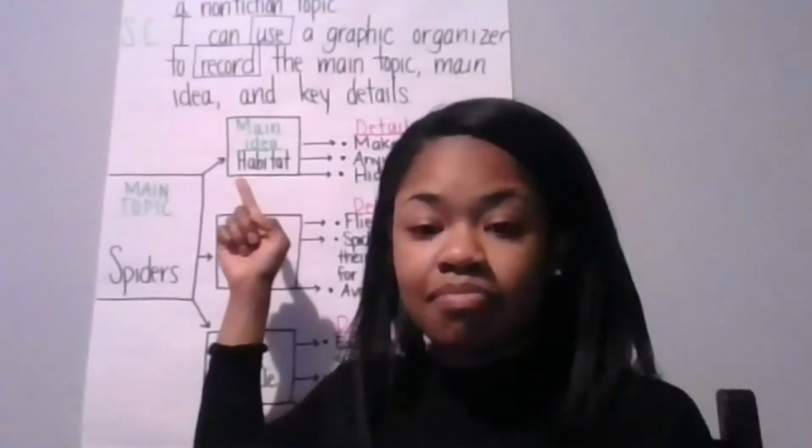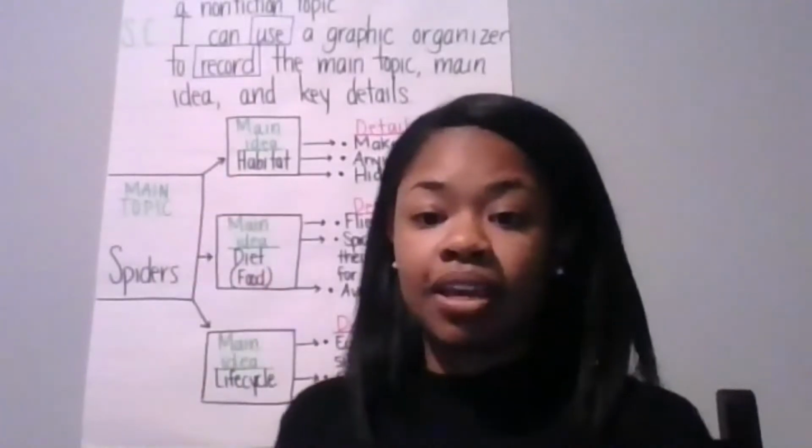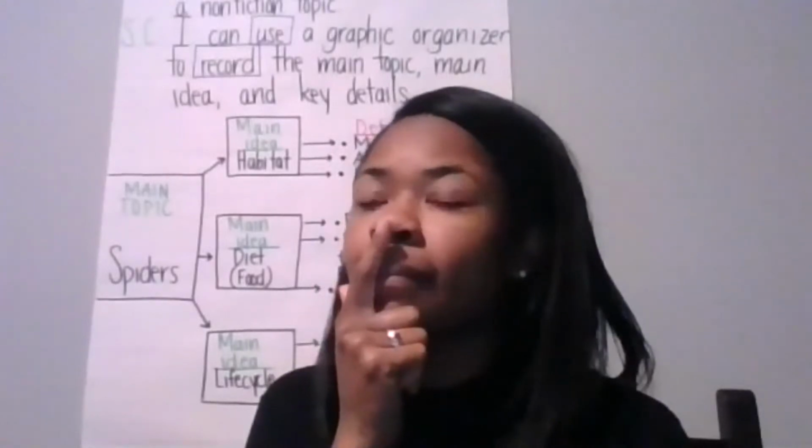We're going to start with the main idea. The main idea is habitat. I know because in the book, it showed illustrations of the spider's habitat. So what are some key details that I can remember about the habitat? Go ahead and take 10 seconds to think to yourself before I reveal.